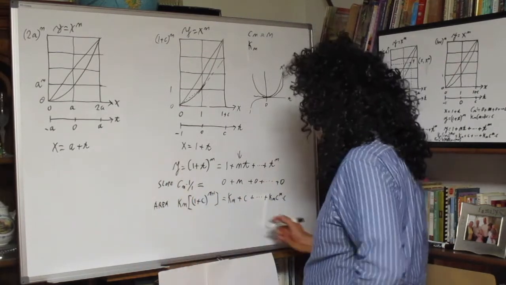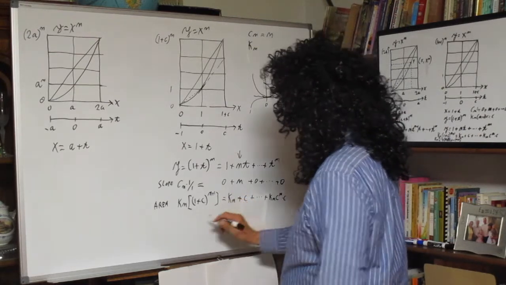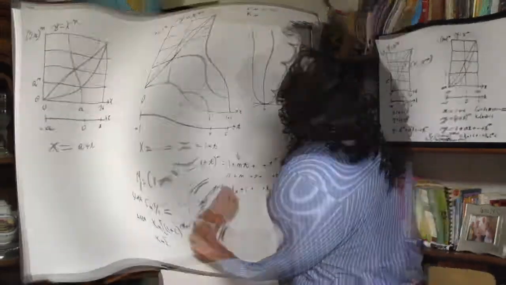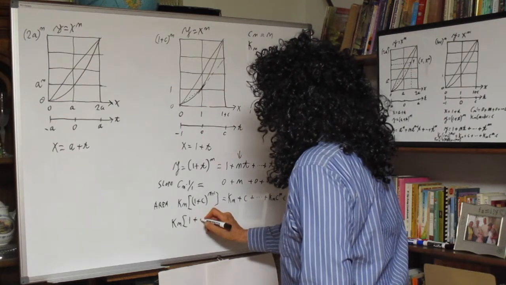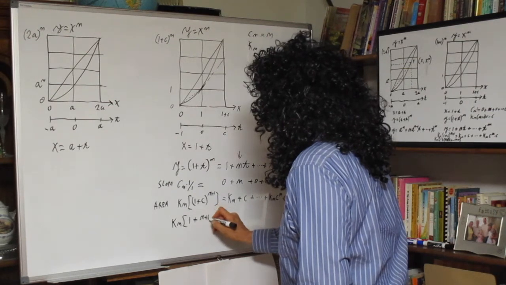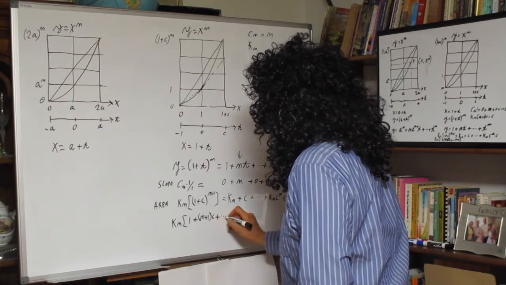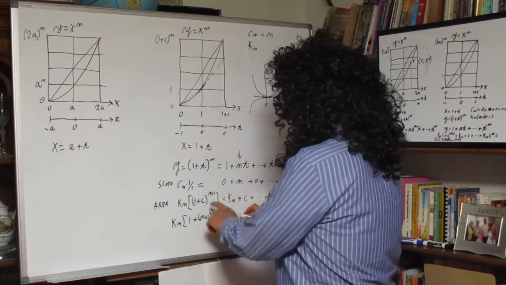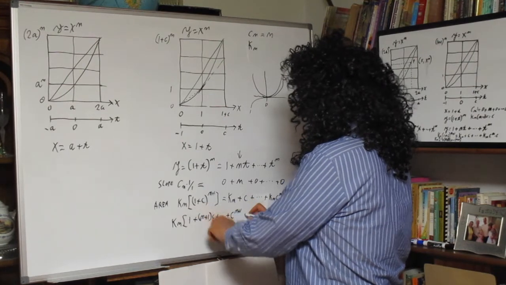Let's crank this through as much as we can, right? So it's k to the n times 1 plus n plus 1 times c plus a whole bunch of stuff plus c to the n plus 1.